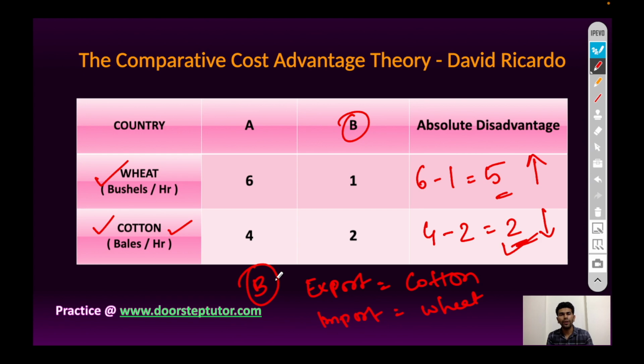So, as per the comparative cost advantage theory, international trade is beneficial for both countries, even if one country has an absolute advantage in both commodities.